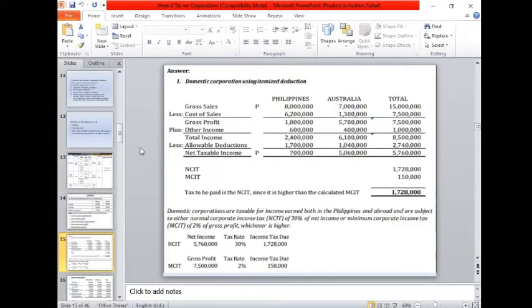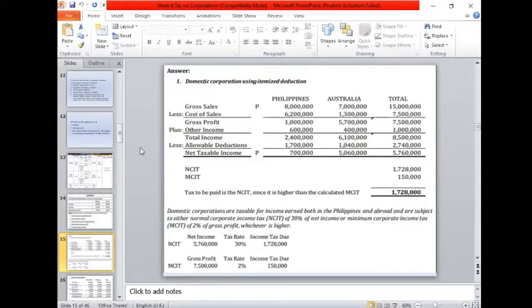So the total gross sales is 50 million less the cost of sales. We have the gross profit of 7.5 million, the combination of the gross profit of the Philippines and Australia. Together with other income and less allowable deduction as the itemized business expense, 1.7 million for the Philippines and 1,040,000 in Australia, with a total of 2,740,000.